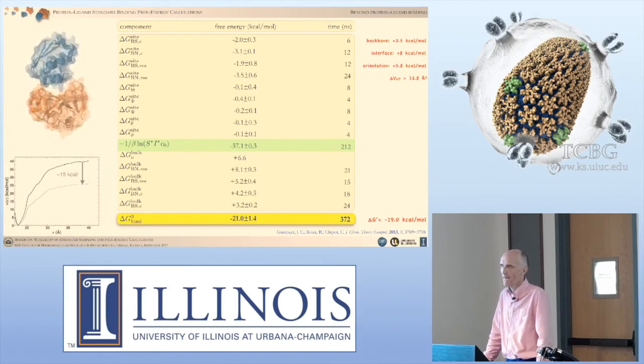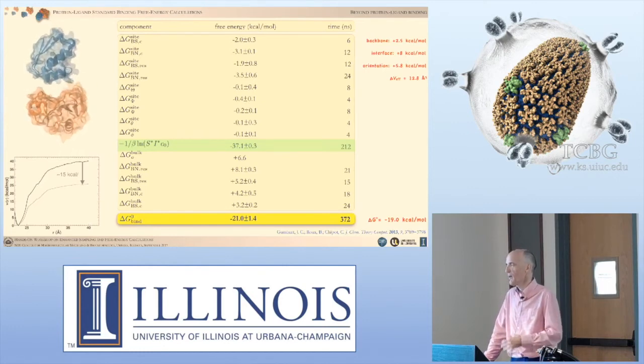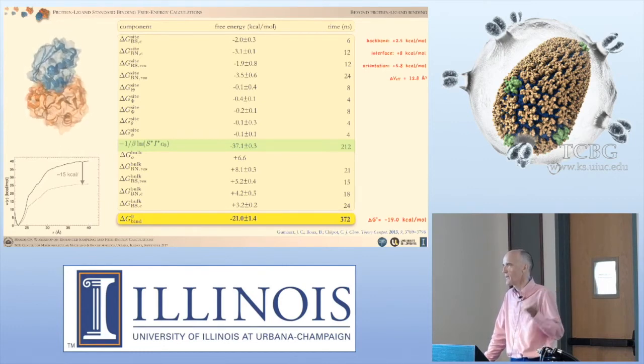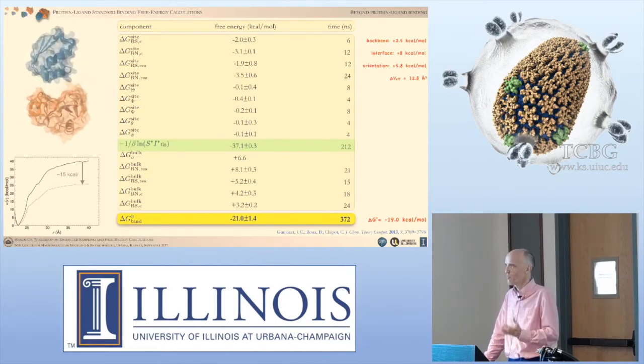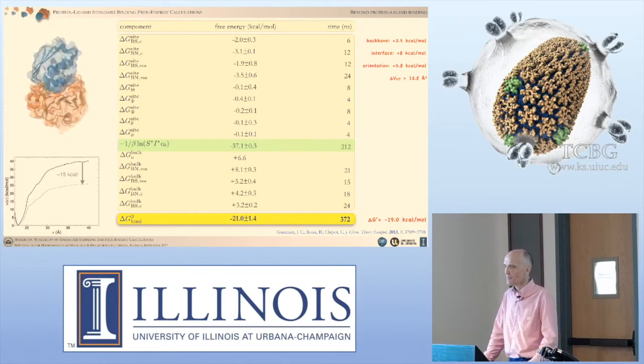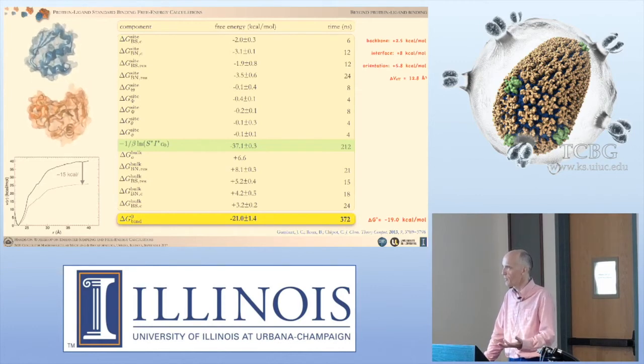I have a question about the interaction between the two proteins. You only mentioned that salt bridges are part of the interactions, not for example the hydrogen bonds. Yeah, when I say salt bridges, in the case of barnase-barstar, this is essentially a pretty electrostatic interface. But we also have typical hydrogen bonds.